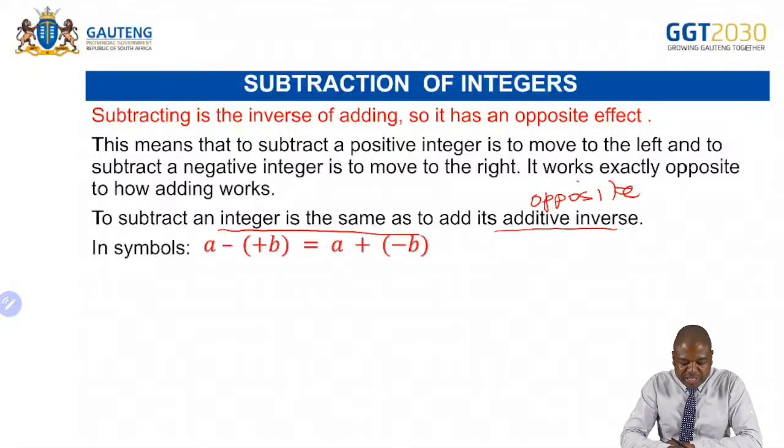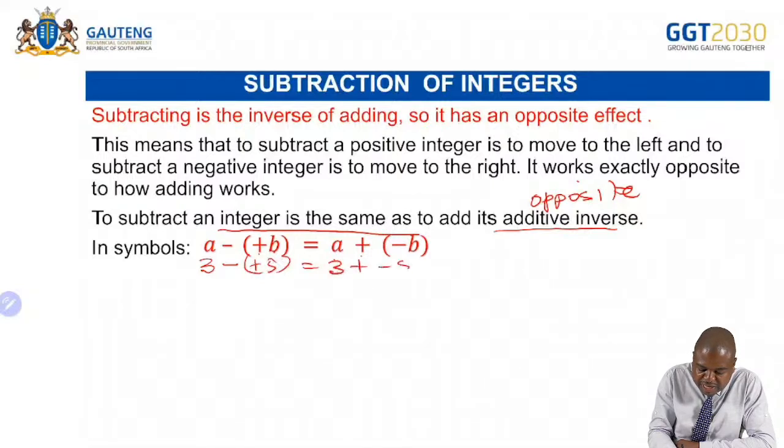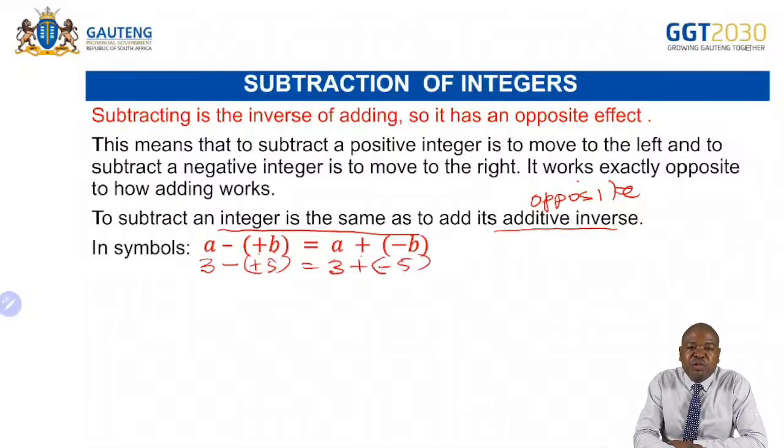In symbols, we can say that if you've got a minus, in bracket, positive b, it is the same as a plus minus b. Are we together? We need to note that. That is very important. If I'm to use numbers there, it is the same as if I say 3 minus positive 5, it is the same as 3 plus negative 5. Are we together? Because we still get the same answer, which will be what?